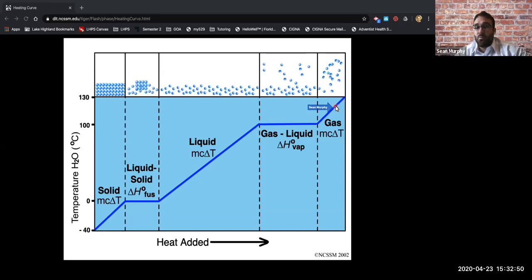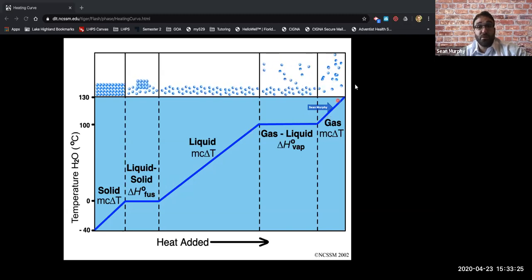Whenever you're cooking, for example, it's really important to understand that gas can have a higher temperature than liquid water. The steam can burn you more than hot water, because remember, liquid water at 1 atmosphere can only be between 0 and 100 degrees.